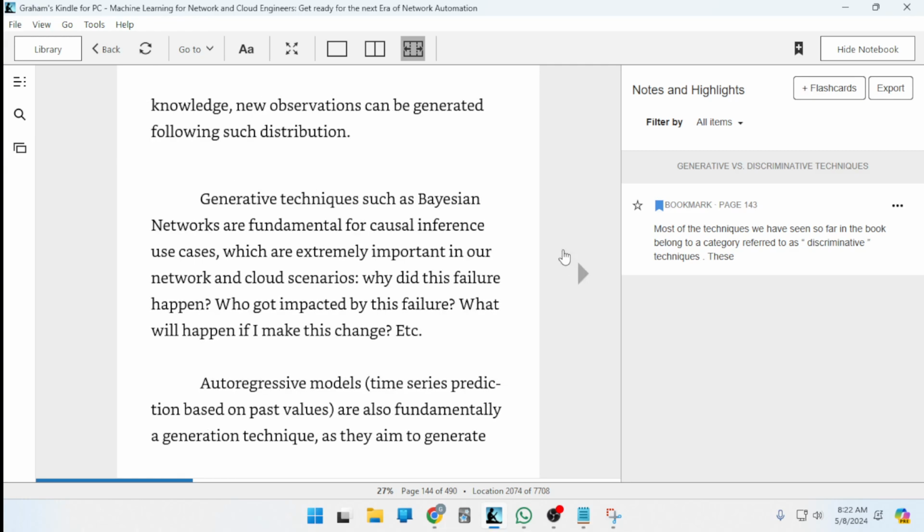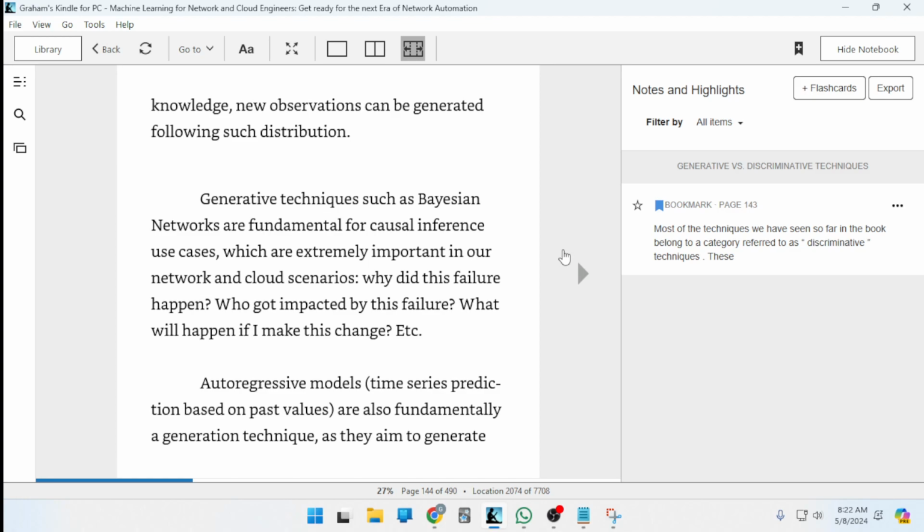With that knowledge, new observations can be generated following such distribution. Generative techniques such as Bayesian networks are fundamental for causal inference use cases, which are extremely important in our network and cloud scenarios. Why did this failure happen? Who got impacted by this failure? What will happen if I make this change, etc.